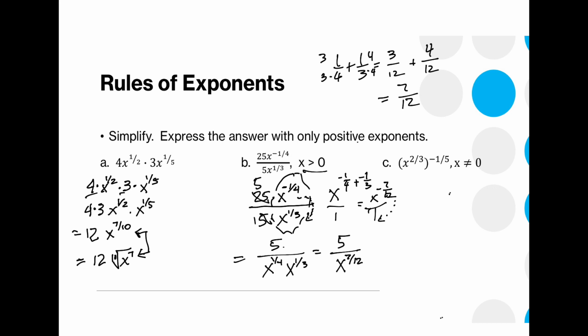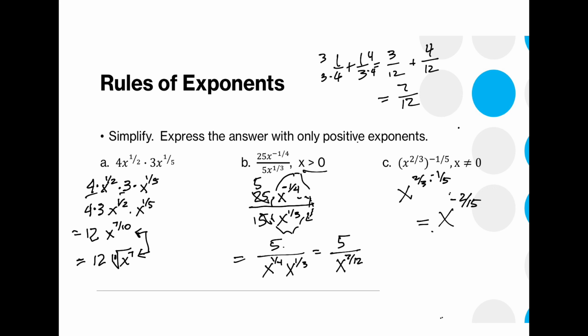All right, let's look at this last one here. I've got a base with a power raised to a power, and when we have a power to a power, that goes back to the power rule where we can multiply those exponents. So this would be x to the 2/3 times negative 1/5, which is x to the negative 2/15.